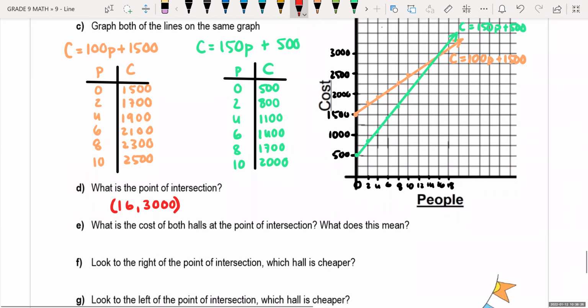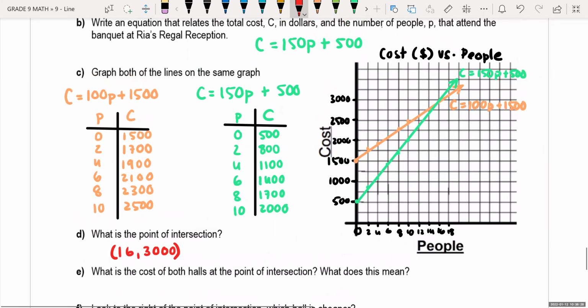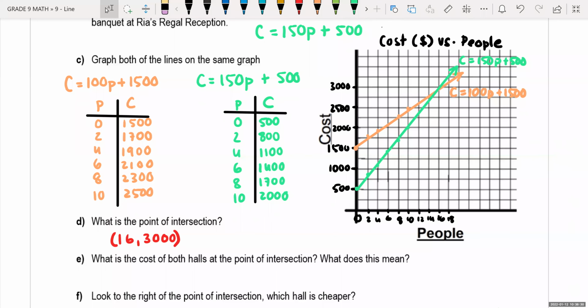What is the cost of both halls at the point of intersection? What does this mean? So basically, if 16 people come to both of these banquet halls, then the cost of renting them is going to be pretty much exactly the same. So if 16 people come, and I can already tell the numbers are off, but it's okay, like I said, we're just estimating.